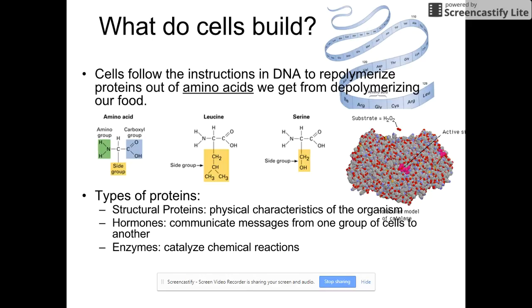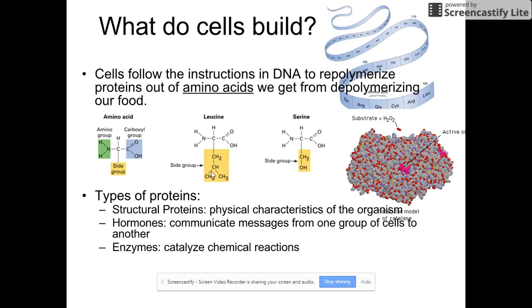We've seen that before. So these amino acids connect side by side between the carboxyl group of one and the amine group of the other. But what's really interesting are the side groups. The side group is what makes each type of amino acid different from the others. And the side group is always sticking out of the carbon that's in the center of the amino acid.